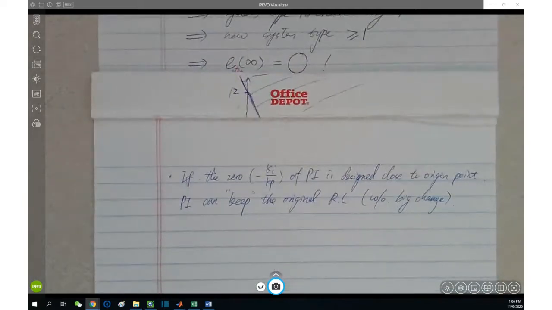Maybe the reason is a little bit blurred, but how about the description here?